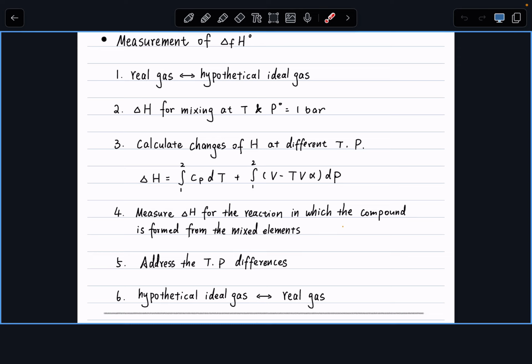Okay, now what we have. We started from translating the real gas into ideal gas, and then we have mixing of ideal gases, and then we're translating the temperature and pressure into the temperature and pressure so we can perform the reaction, right? So now we're ready for the reaction to take place. This one is called calorimetry, the measurement of delta H of reaction.